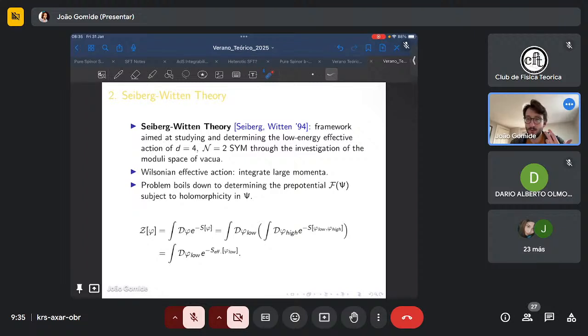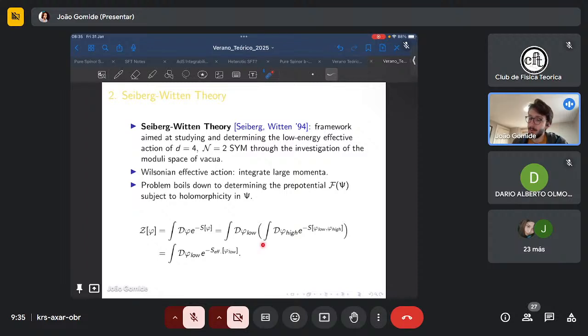So the thing you do is you integrate out the high energy modes of your fields. You integrate everything which is very massive, which has large momenta and everything. And this is what's written inside these parentheses here.